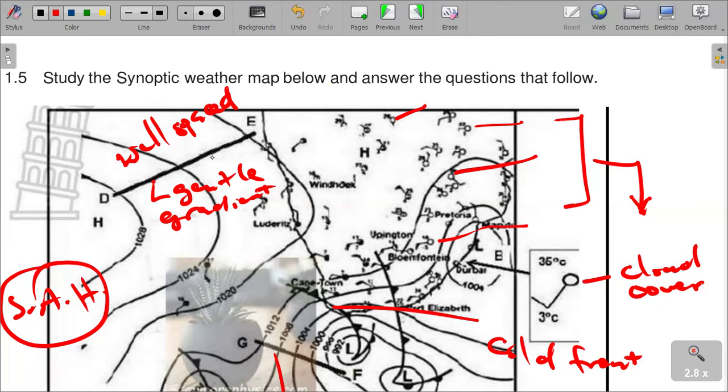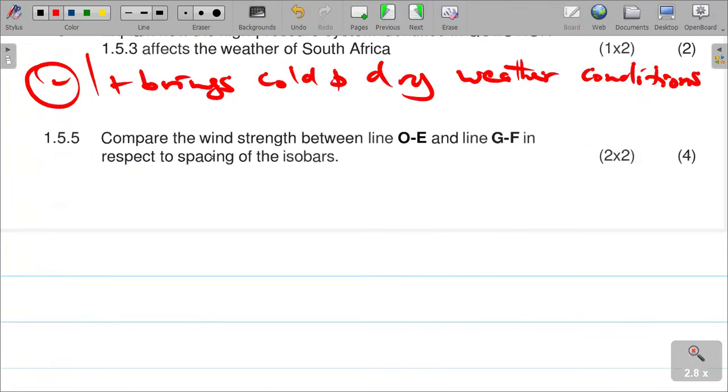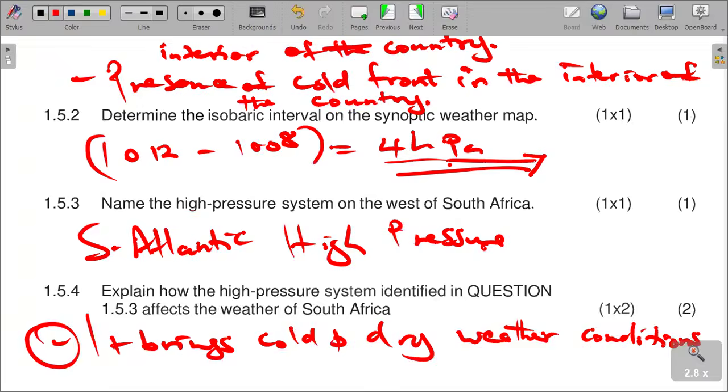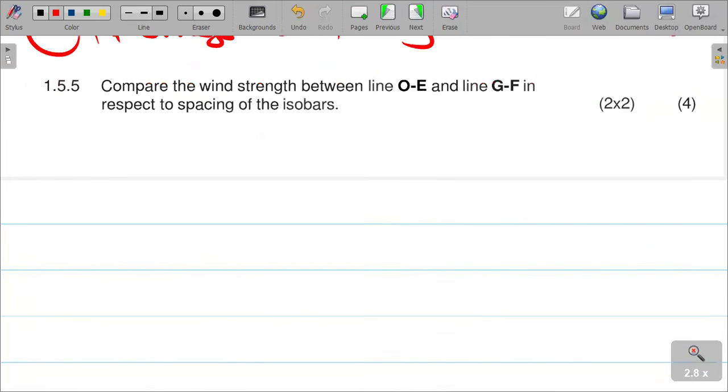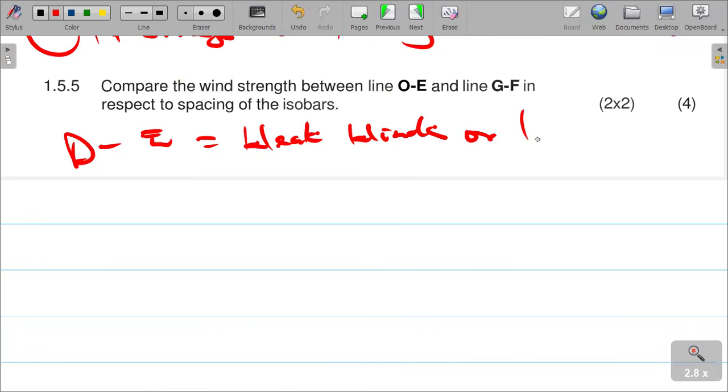So compare the two. In this one, DE actually shows weak winds, or a low wind speed.